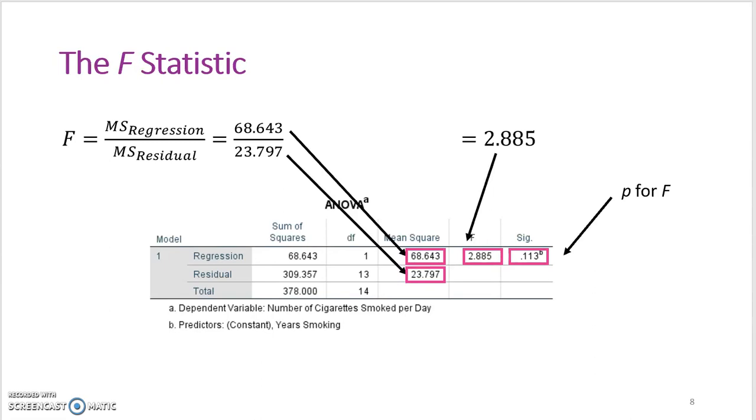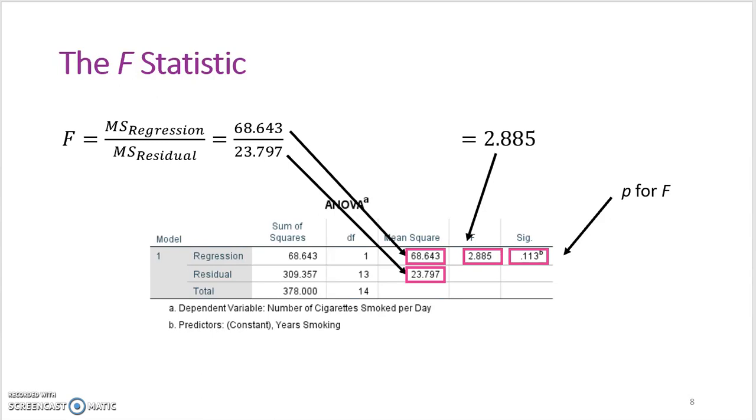The mean square regression is the sum of squares regression divided by the degrees of freedom, which is 1. And the mean square residual is the sum of squares residual, 309.357, divided by the degrees of freedom, which is 13. Now, to get the F statistic, we divide the mean square regression by the mean square residual, and that results in the F statistic, which is 2.885.